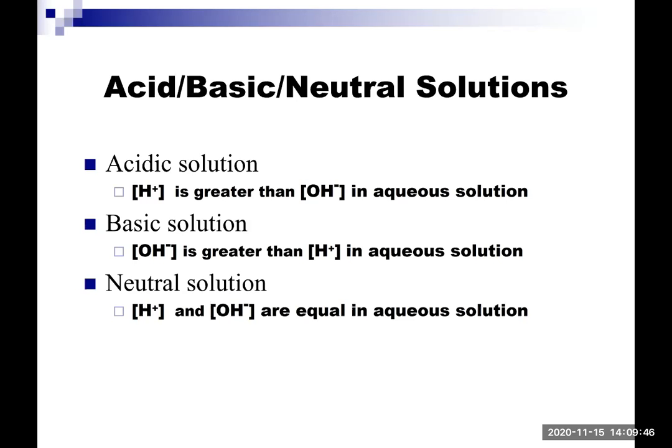If a solution has a greater concentration of H plus, then that solution is acidic. If a solution has a greater concentration of OH minus relative to H plus, then that solution is basic. If the solution has equimolar amounts of H plus and OH minus, that solution is neutral.